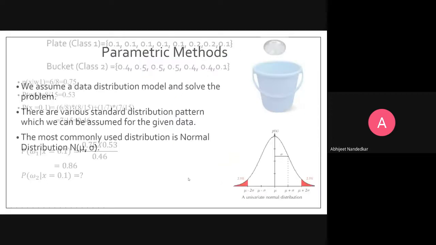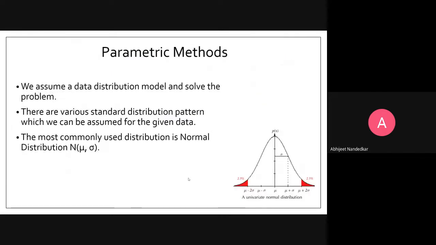So what we try to do is we try to fit a data model based on the available data. So we assume a data distribution model to solve this problem.